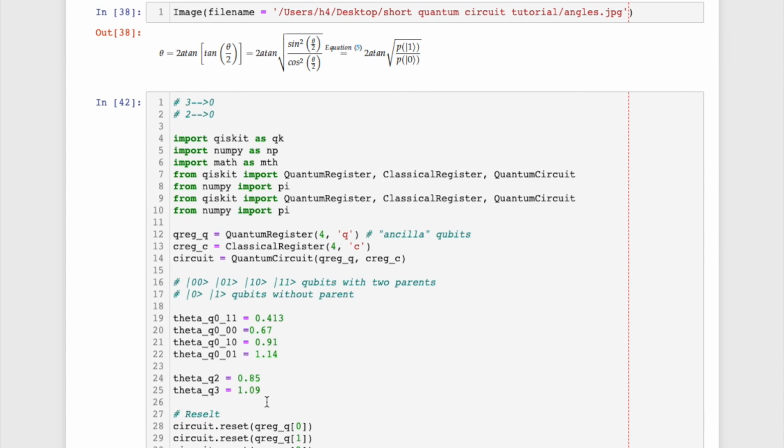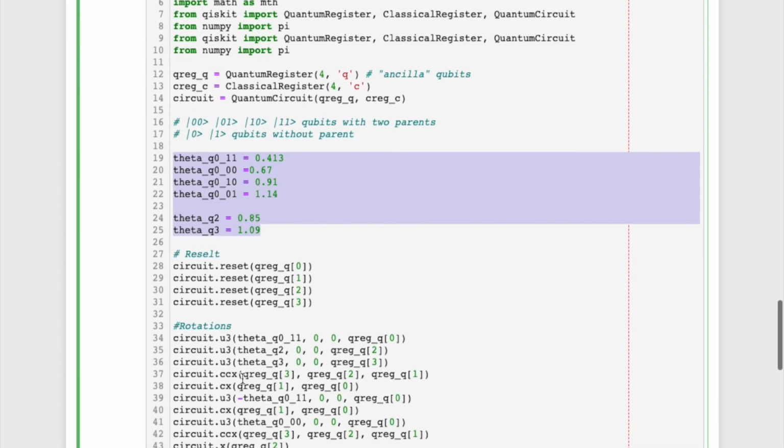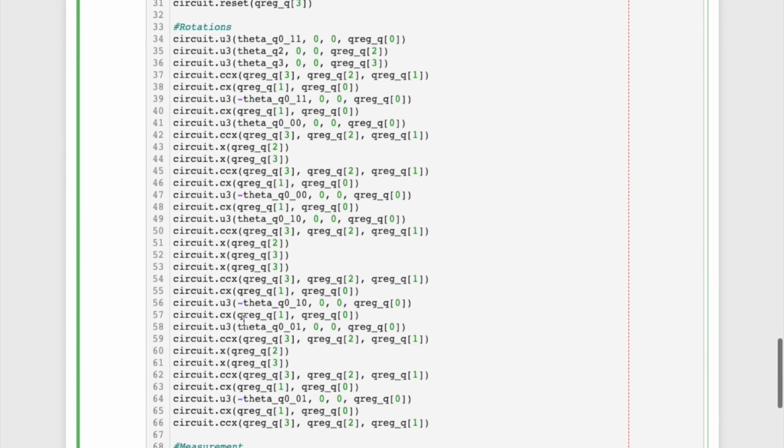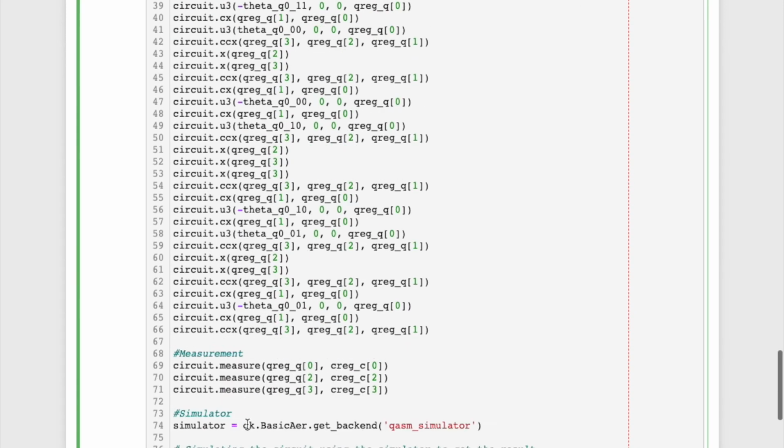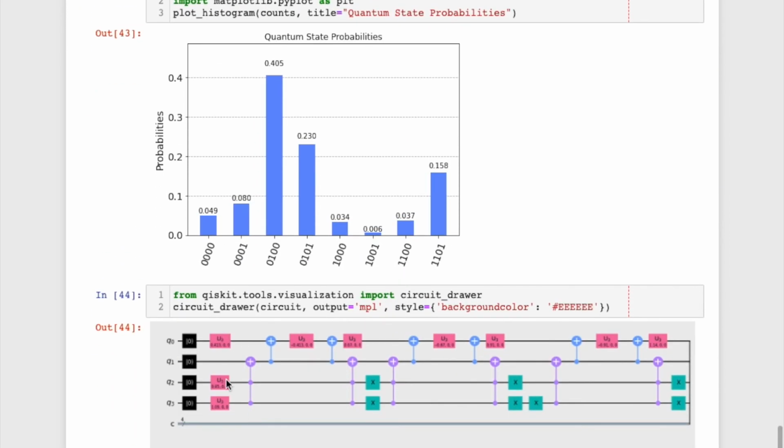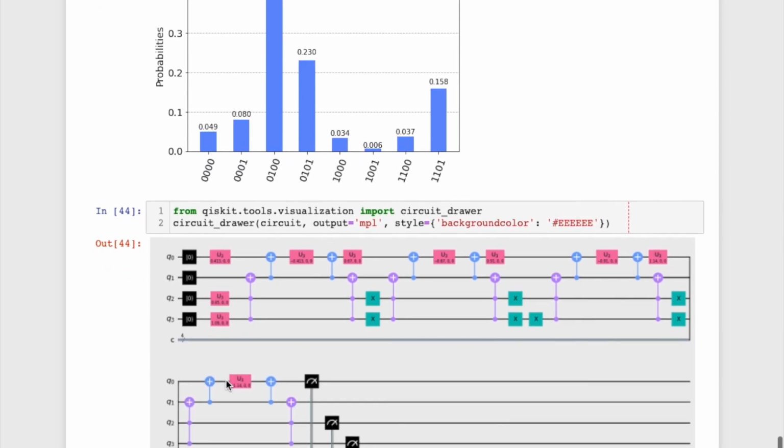And with the angles, you just follow the logic step by step and calculate the circuit and the state probabilities. In the end, it is always necessary to check if the classical Bayesian network delivers the same result as the quantum circuit. If it is not the case, then something is wrong.